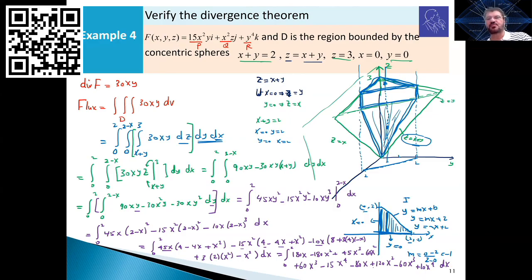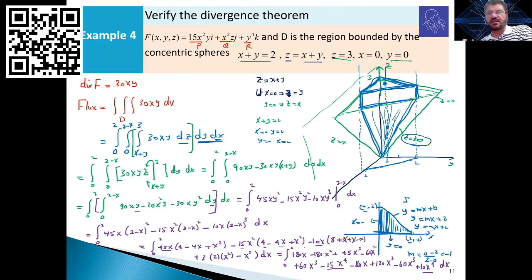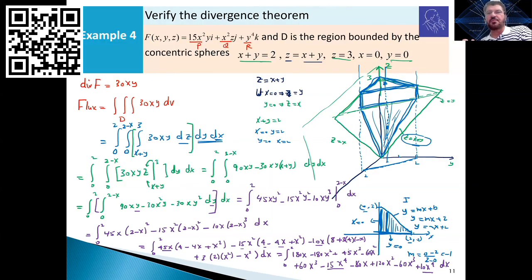All right. So let's see if we have space. Yes. Let's look at the highest degree, guys. 10x to the 4, and we have minus 15, so this is minus 5x to the 4. So this is equal to the integration from 0 to 2 of minus 5x to the 4. Now this one with this one is finished. Let's look at x cubed.